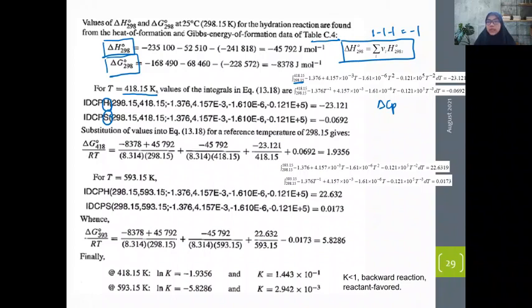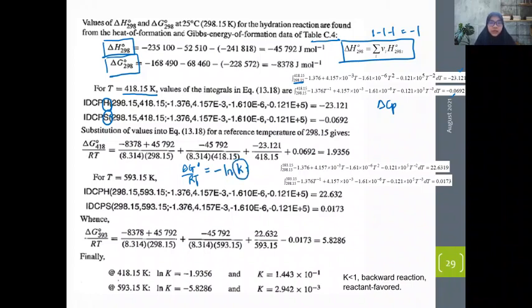So we can get the values for both terms. Insert all the values obtained into this equation, delta G at 418 over RT, because delta G over RT equals minus ln K. So we can obtain the value of K.